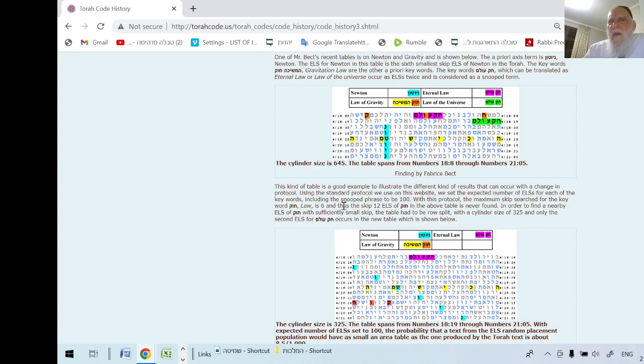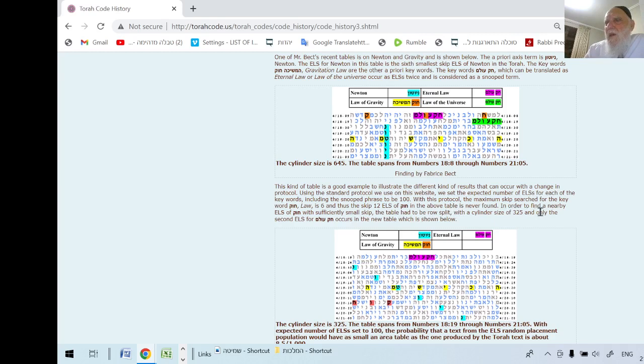Using the standard protocol we use on the website, we set the expected number of ELS for each of the keywords, including the snooped phrase, to be 100. With this protocol, the maximum skip search for the key word Chok law is 6, and thus the skip 12 ELS of Chok in the above table is never found.